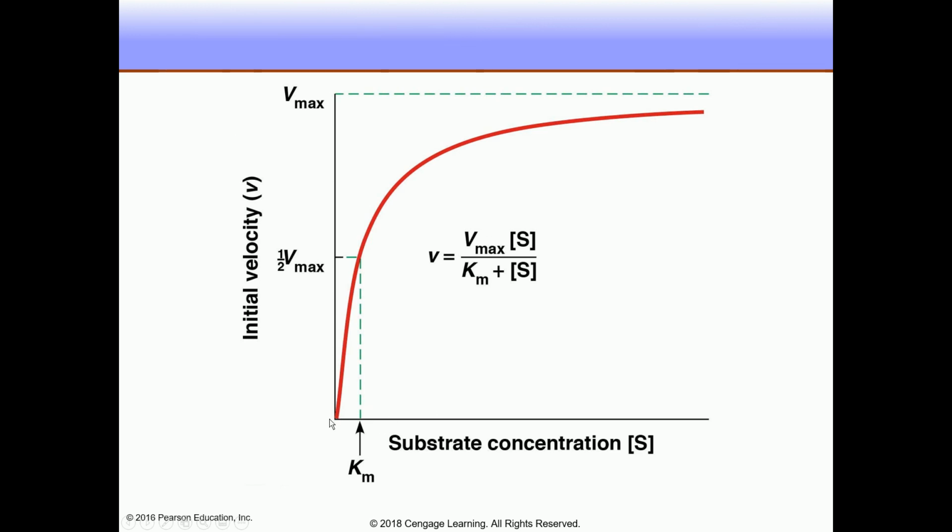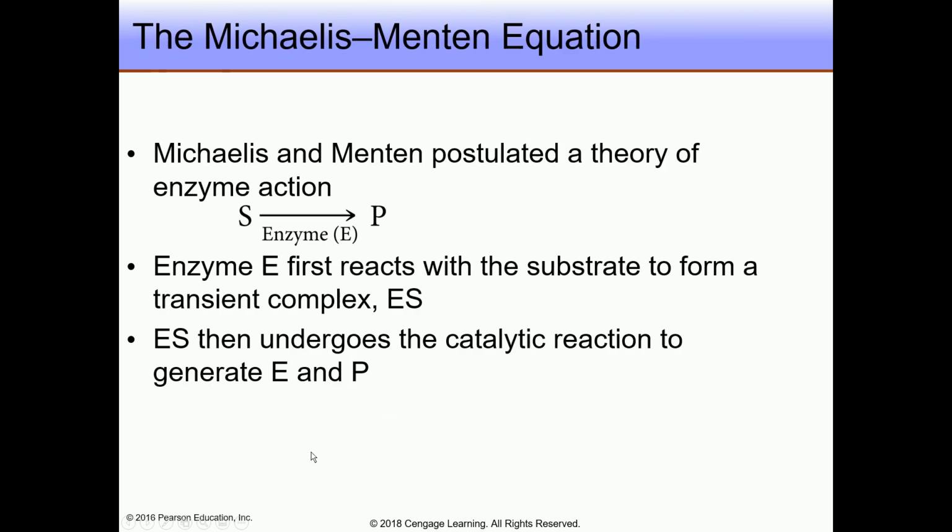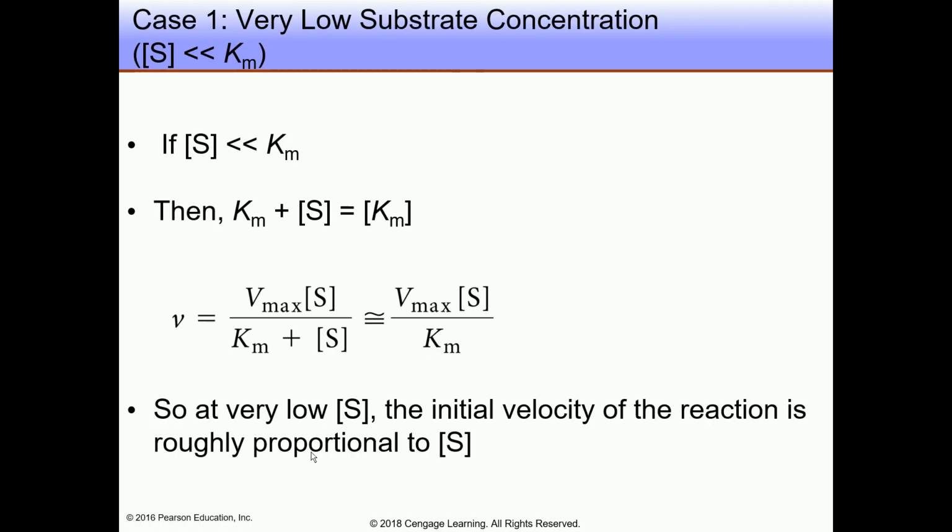So when the substrate concentration is very low, which means that this value is very, very small as compared to the Km value. So coming back to this Michaelis-Menten equation, V is equal to Vmax multiplied by S divided by Km plus S. So this value is very, very small, which means we can ignore it.